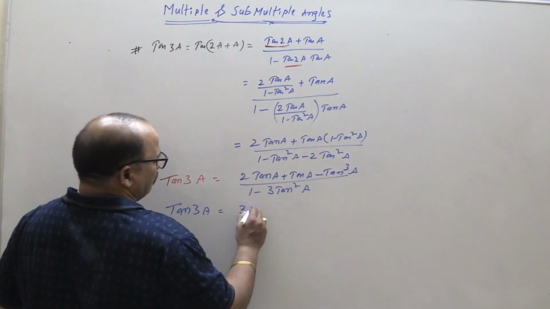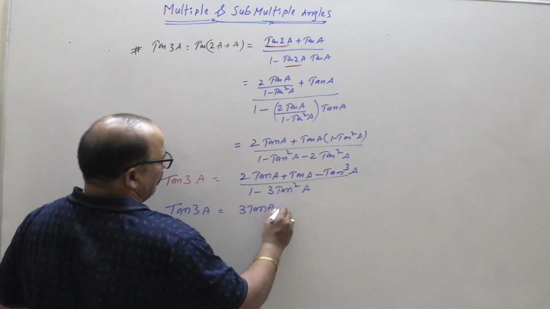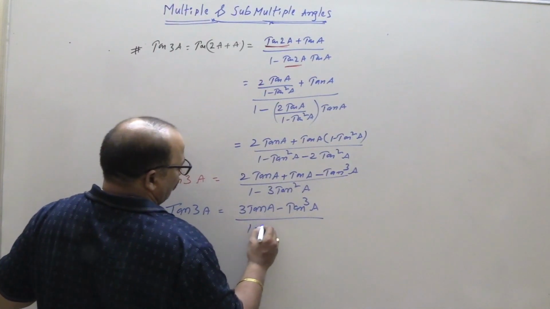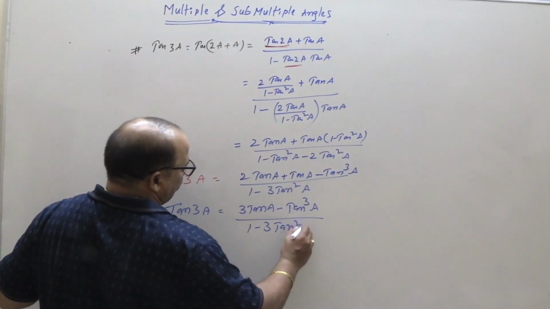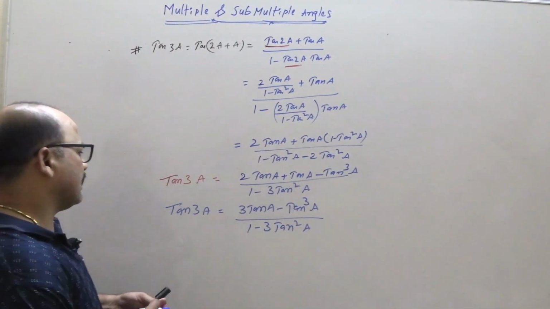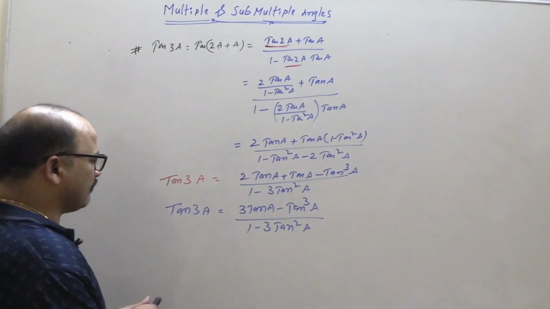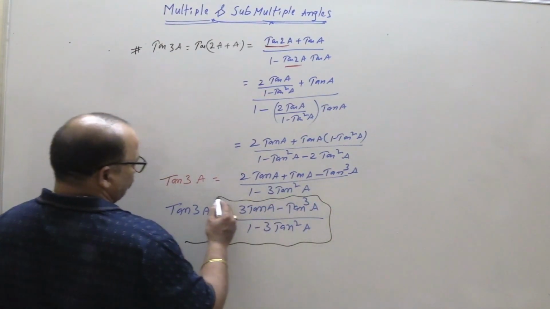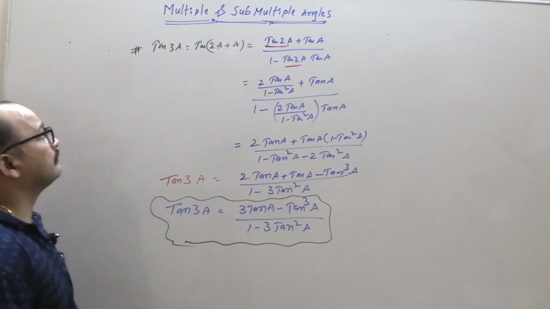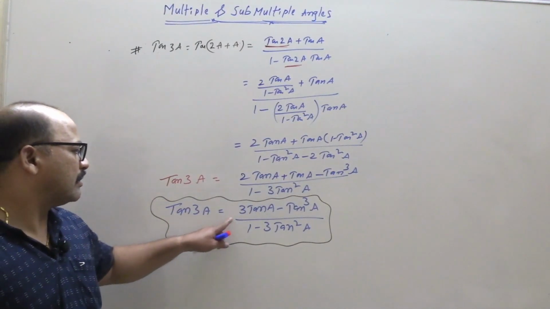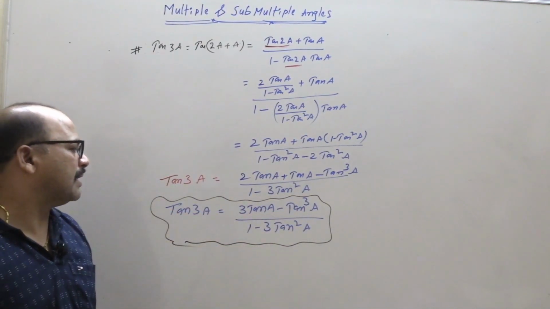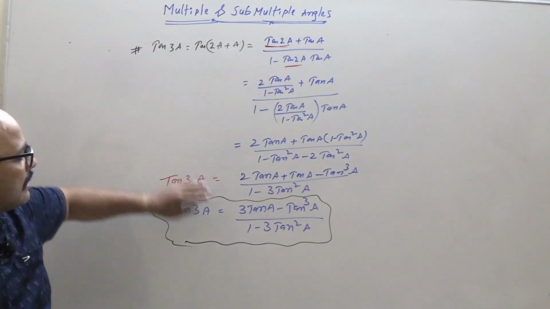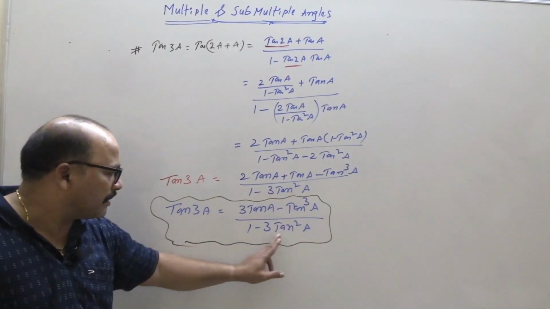So tan 3a is 3 tan a minus tan cube a by 1 minus 3 tan square a. Crystal clear? Tan 3a equals 3 tan a minus tan cube a by 1 minus 3 tan square a.